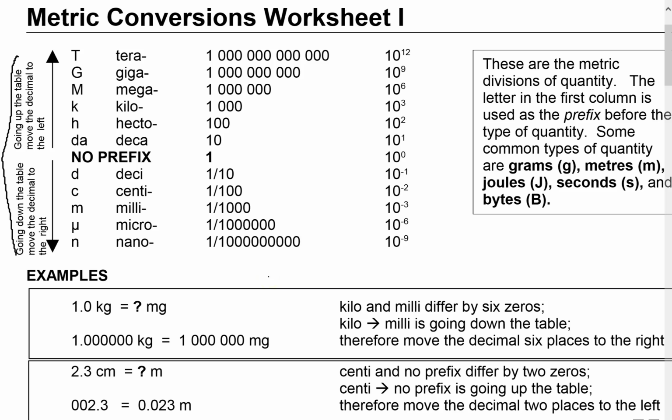What this says is if you are going up the table, move the decimal to the left. If we are going from a base unit of meters up to kilometers, we're going to have less kilometers as a number than meters. So we move the decimal to the left so the number looks like it's getting smaller. And if you're going down the table, you move the decimal to the right.